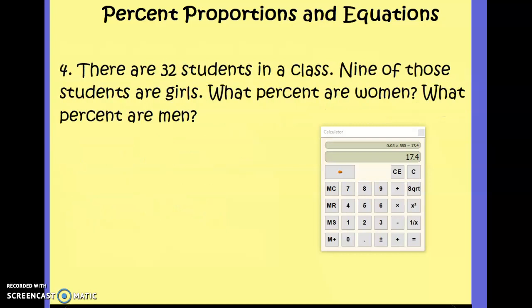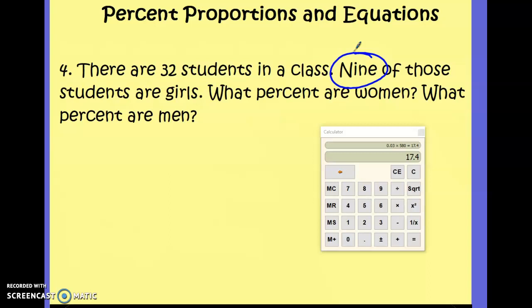Alright, here's our next problem. There are 32 students in a class. 9 of those students are girls. What percent are girls? What percent are boys? So there are 32 students, and 9 of them are girls. We're trying to find what percent for each.